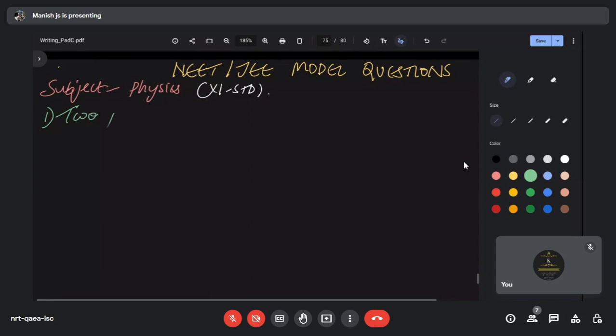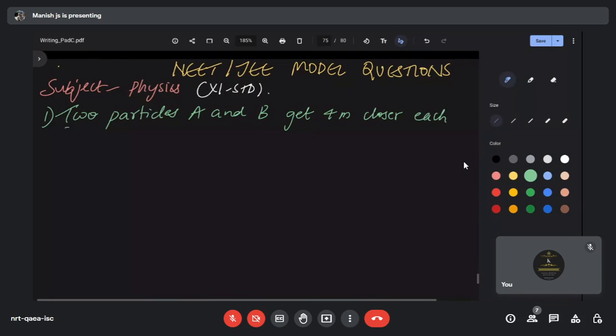Here's the first question. Two particles A and B get 4 meters closer each second while traveling in opposite direction.